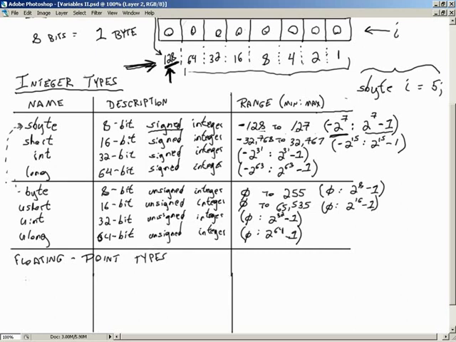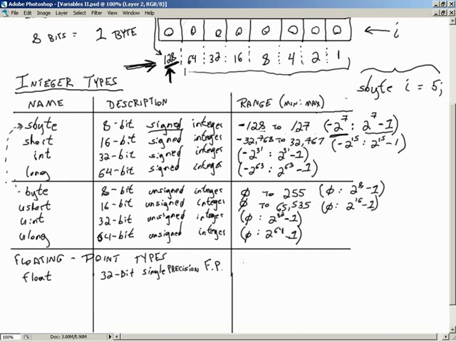Well, we've all seen the float. What does the float give us? All right, this is where stuff just gets crazy. It gives us a 32-bit single precision floating point number. Wow, what does that mean it holds?